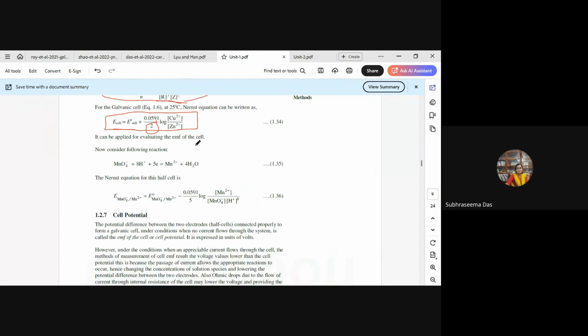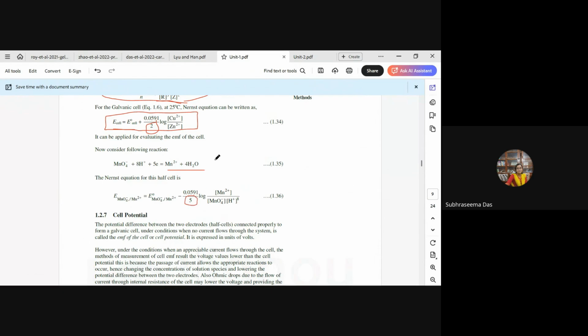Now let us consider the following reaction. Here, in this reaction, MnO4- plus 8H+ plus 5e- forms Mn2+ plus 4H2O. If we want to calculate the EMF of this cell, we can write it as E is equal to E0 minus 0.0591 by 5.